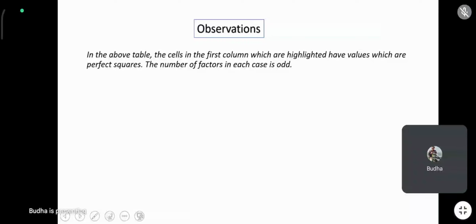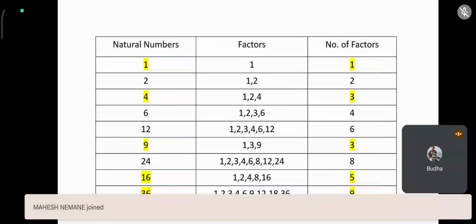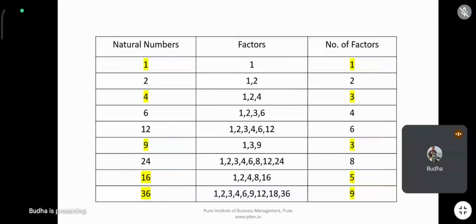Now, I need to go back to that table. This is one interesting table. They have asked a question based on this. Now you will say the table is very confusing.